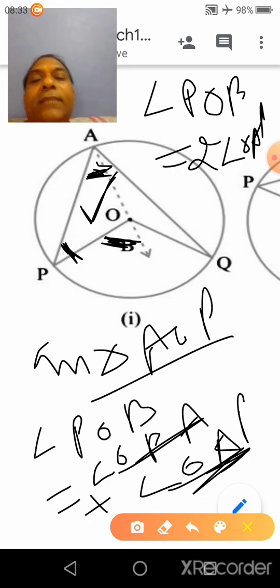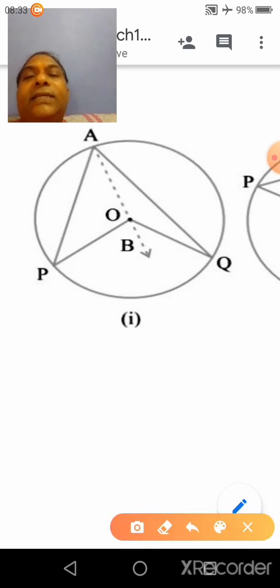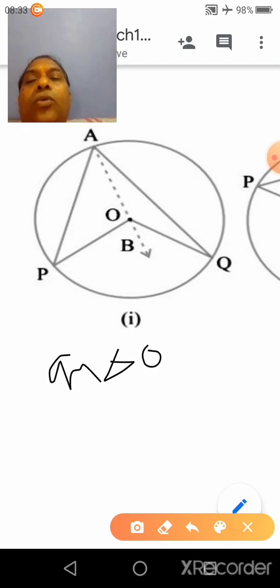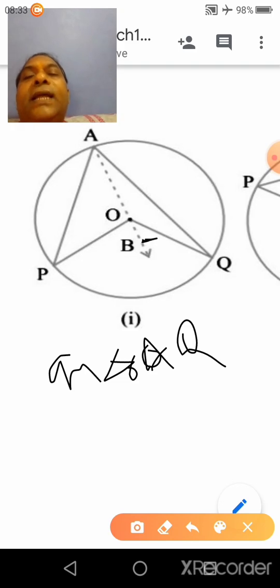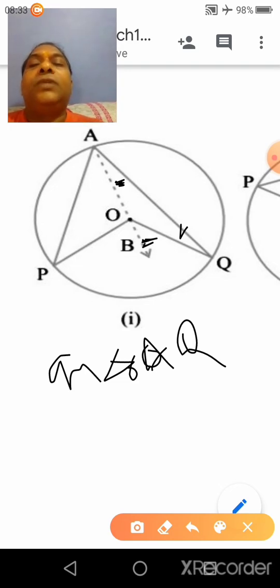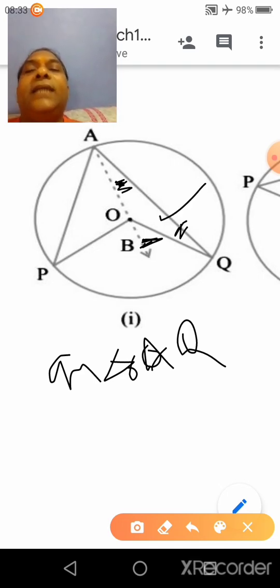Clear? Similarly, in this triangle, in triangle OAQ, you can prove this angle will be equal to this plus this. You know that the exterior angle is equal to the sum of the opposite interior angles. So this angle will be equal to this plus this, and this angle is equal to this one.